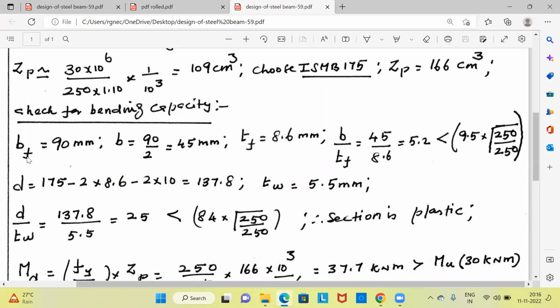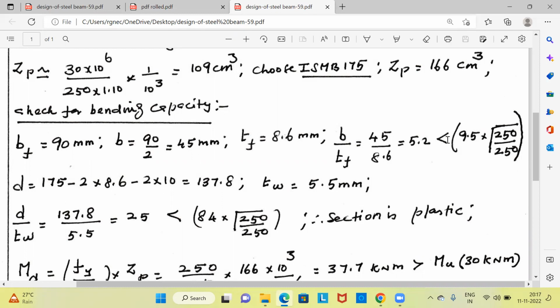So these are all the parameters already described by means of the sketch. B by TF: B is the half of the flange width, that is the overhanging portion of the flange, divided by thickness of the flange. The ratio is coming to 45 by 8.6 is equal to 5.2.